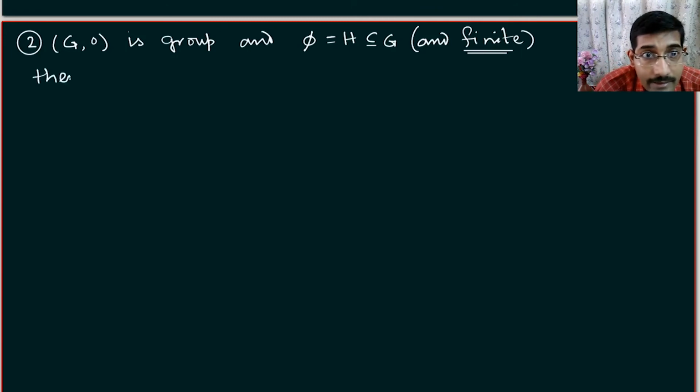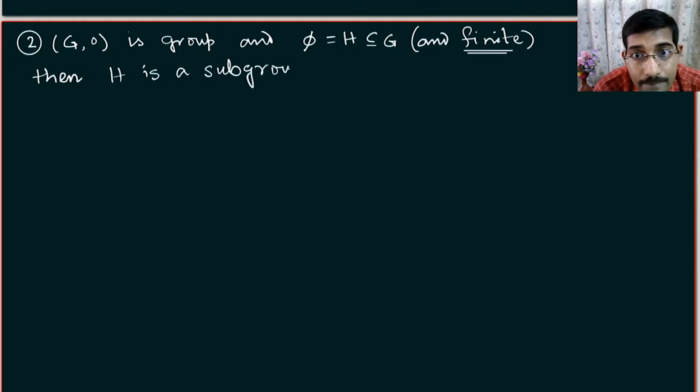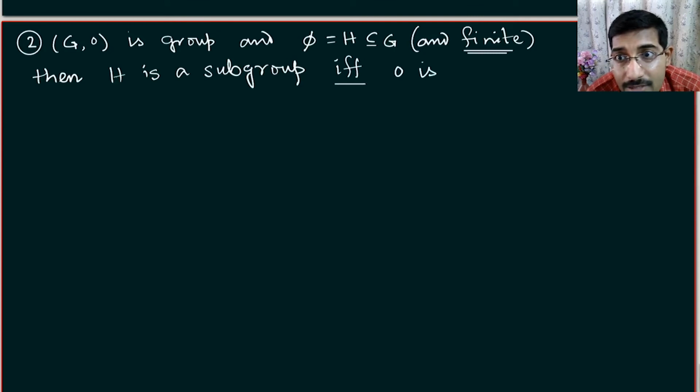Then H is a subgroup if and only if I need only one thing, that H is closed under the operation. This is pretty interesting because I just want this one to hold.